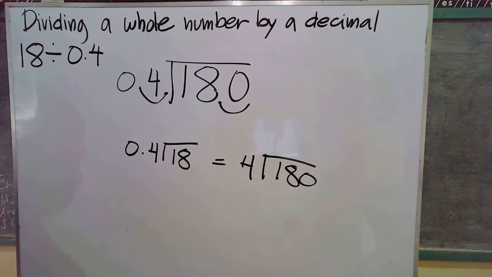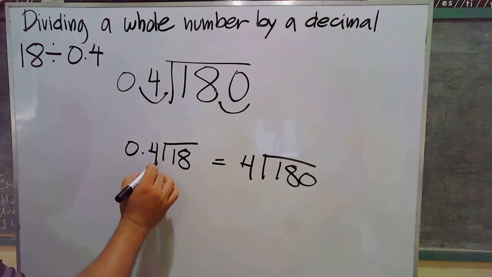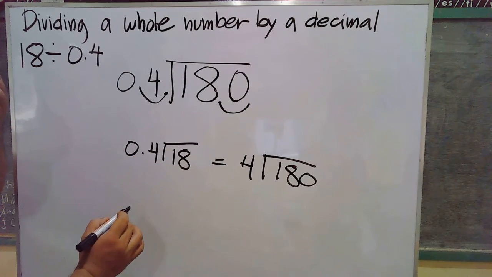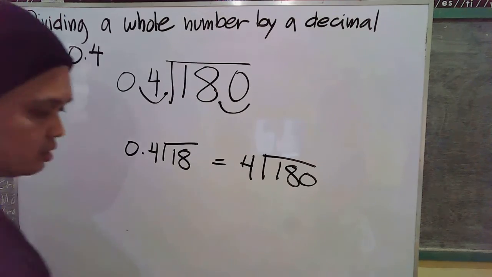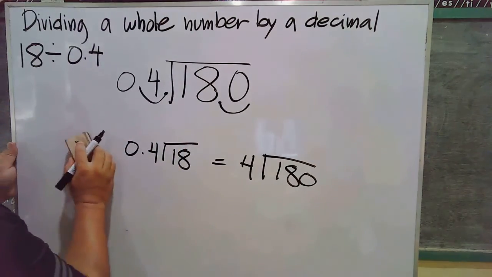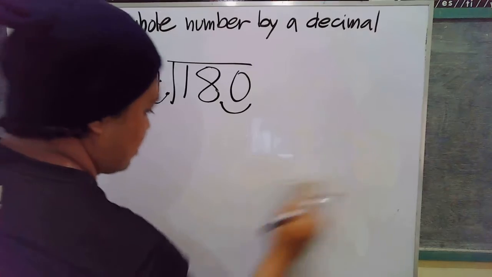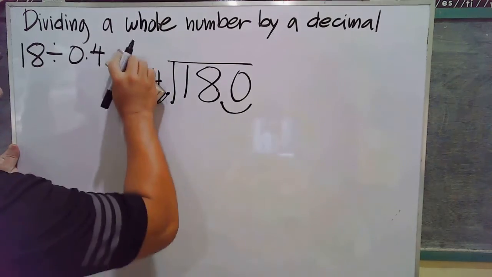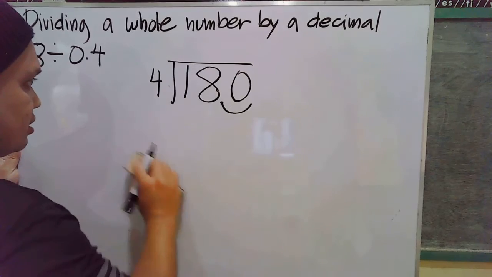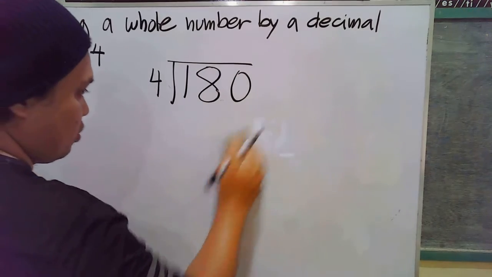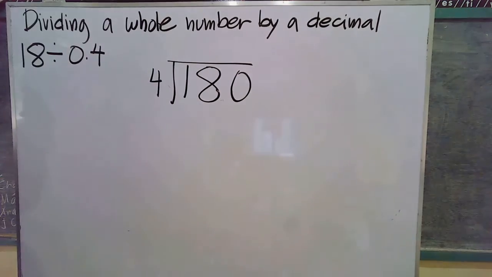We just made the decimal number a whole number, so they are the same. And by that we can now divide. It becomes 180 divided by 4. Let's divide because these are whole numbers now.